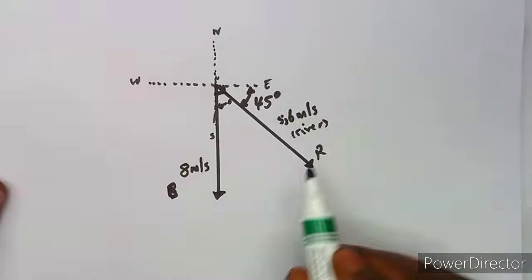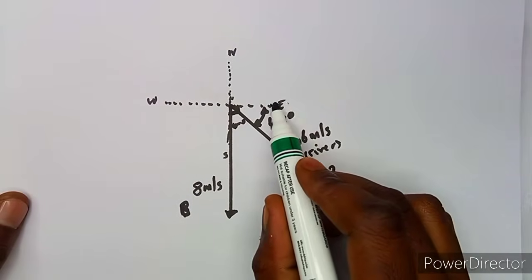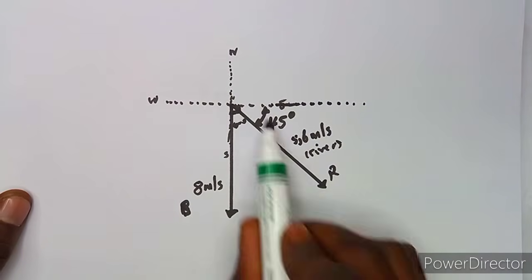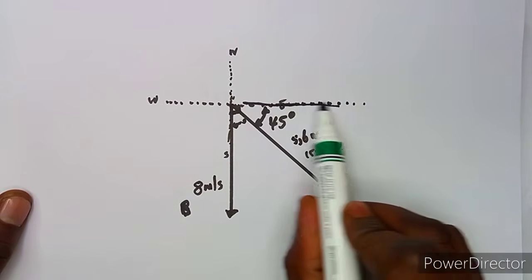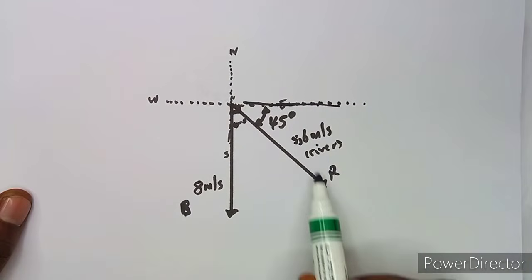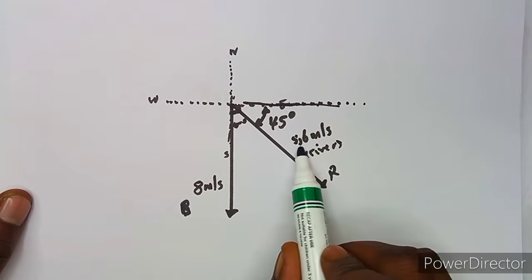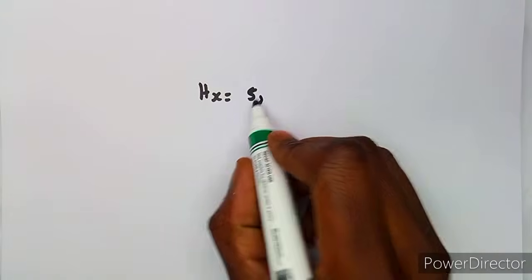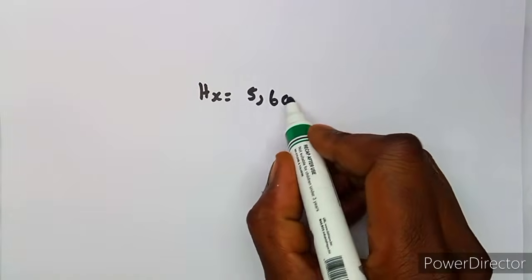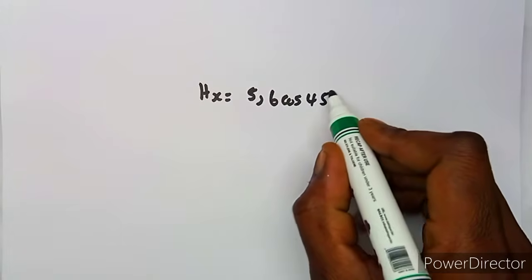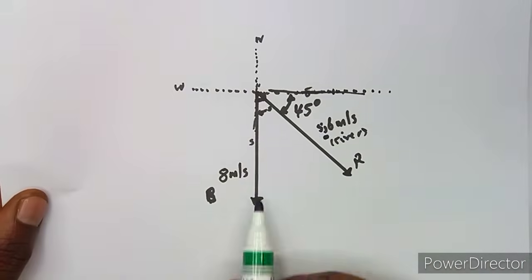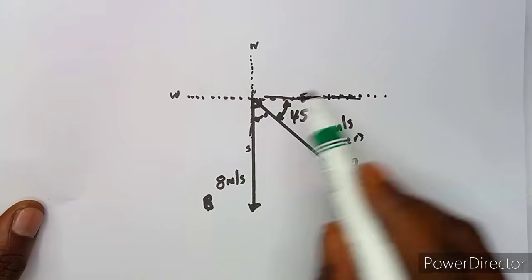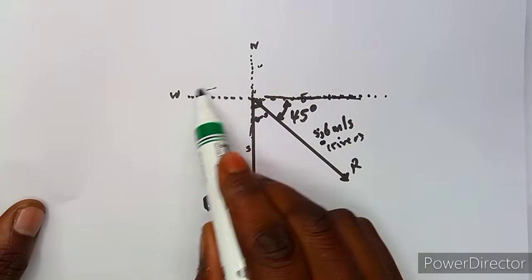The horizontal is going to be 5.6 cos 45 degrees, because there is an angle of 45 degrees. That is the only horizontal you can have. If we cross-check, we do not have any other force here.